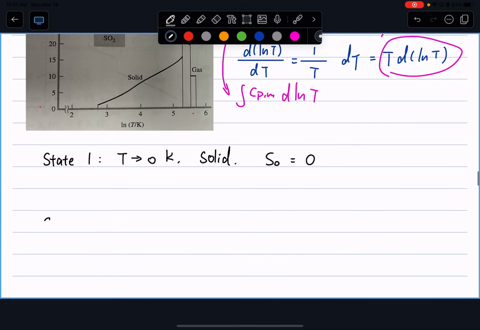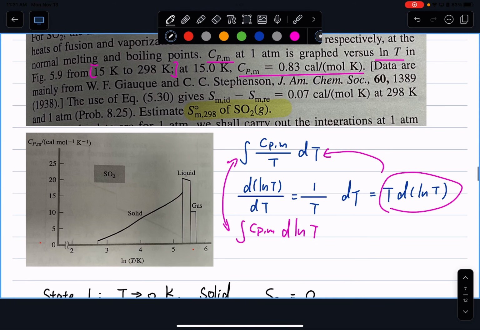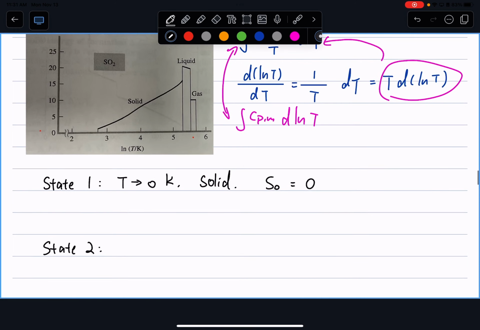What about our state 2? It is easier to think about the process between 0 Kelvin and 15 Kelvin, for which we have an expression to estimate delta S. So our state 2 is temperature equals 15 K, solid.